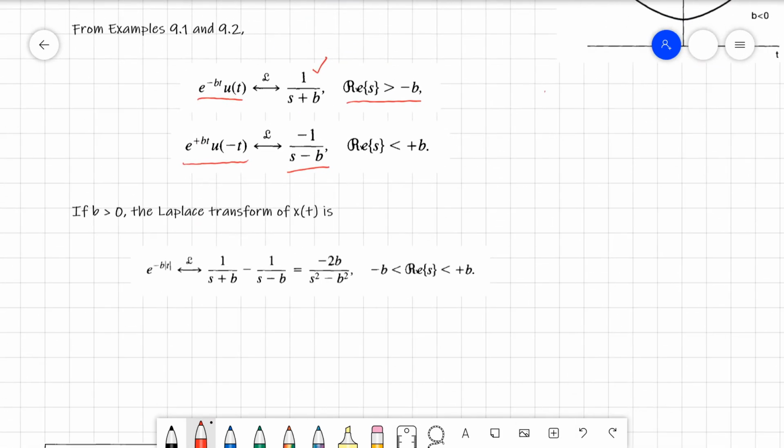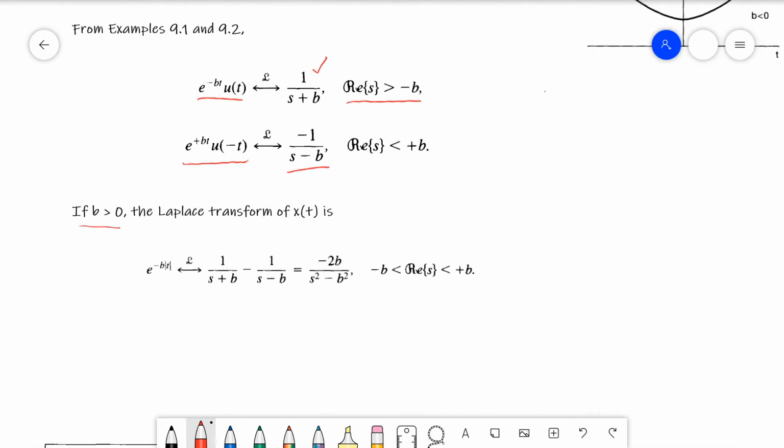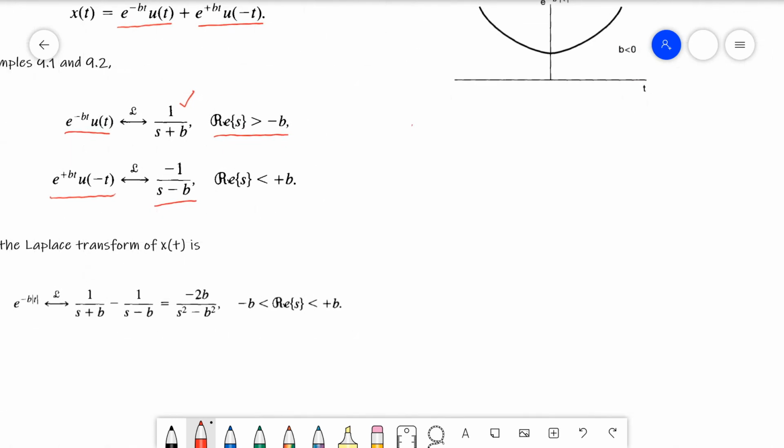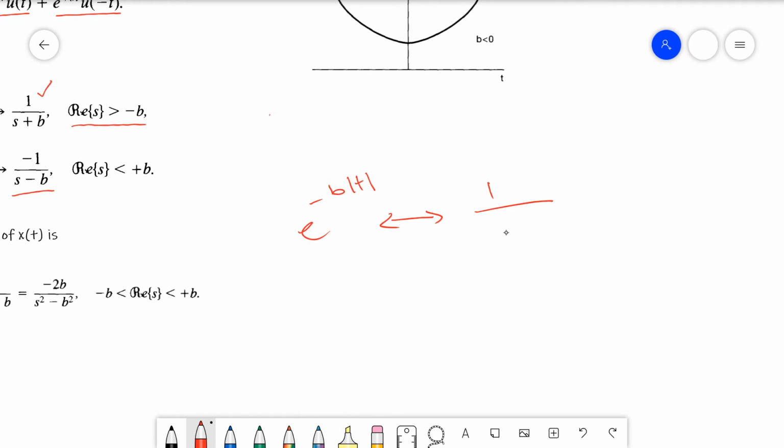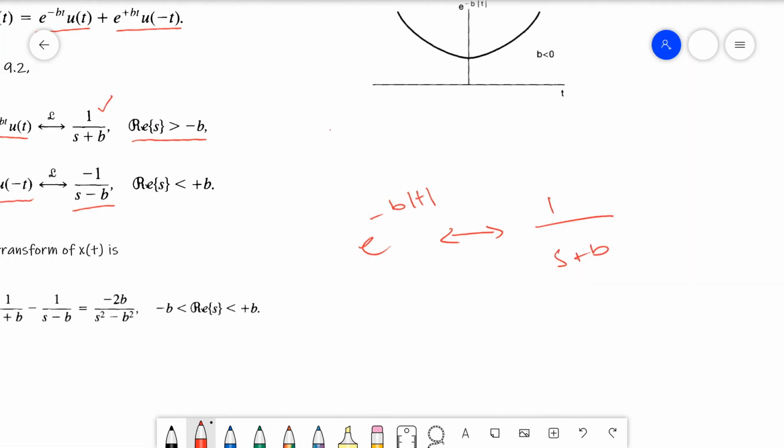So we will take the case where the Laplace transform exists, for which we have taken b greater than 0, and the Laplace transform of this will be, let's see it here. Let's suppose e raised to the power minus b|t|, its Laplace transform is 1 over s plus b, as we have seen from here, minus 1 over s minus b.